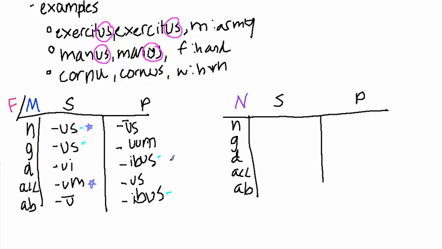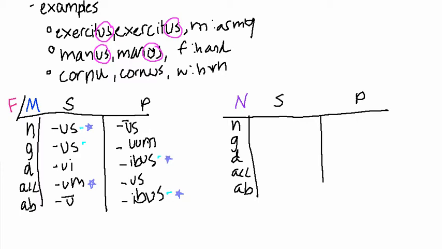And the ibus is also common in third declension. And my answer to that is just there's really no way, you're going to have to just memorize the endings and take from the context of the sentence what case it belongs to. And you're just going to have to remember the dictionary entry to know which gender or which declension it belongs to.